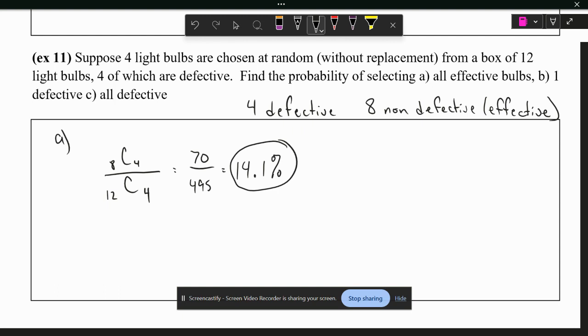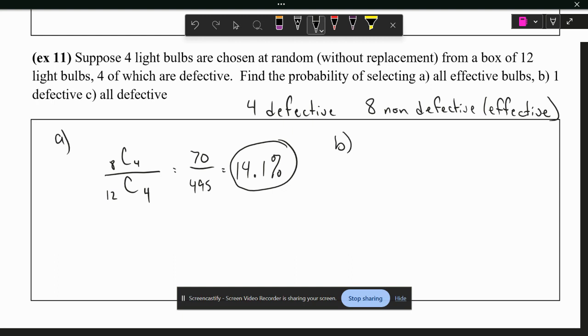So it says find the probability of selecting all effective bulbs. It tells us that we have 12 light bulbs. 8 work, 4 don't work. That's basically it. So 8 choosing 4 because we want all 4 of them to work. In letter B, we want one defective.